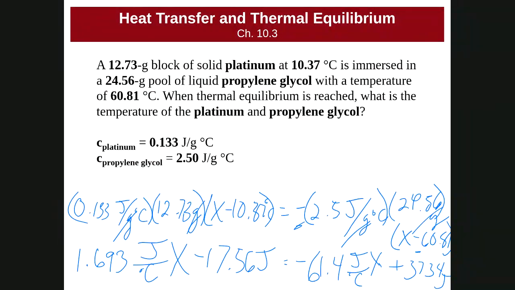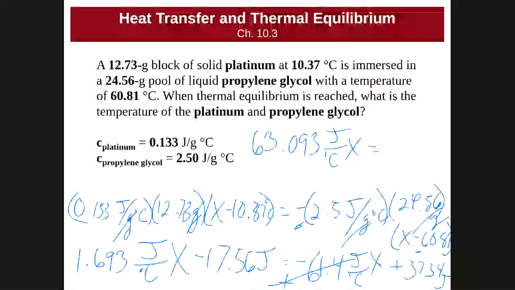So I'm going to add our 61.4 plus our 1.693, and we get 63.093 joules per degree Celsius X is equal to, we add our 17.56 joules to the other side, 3734 plus 17.56.